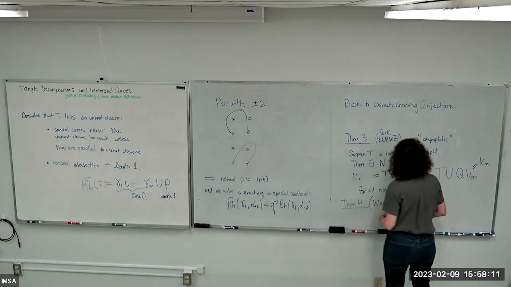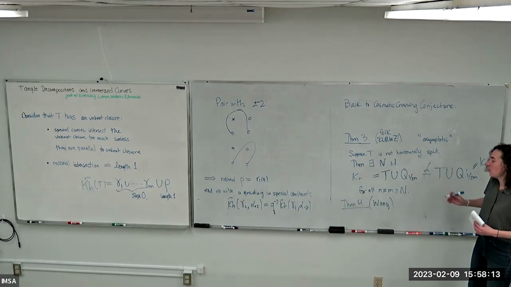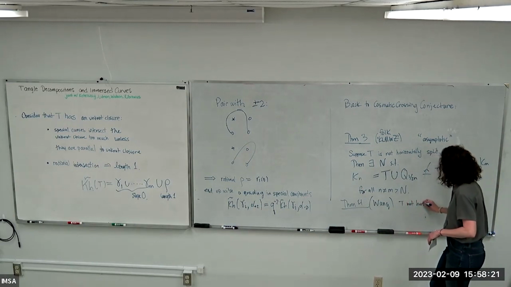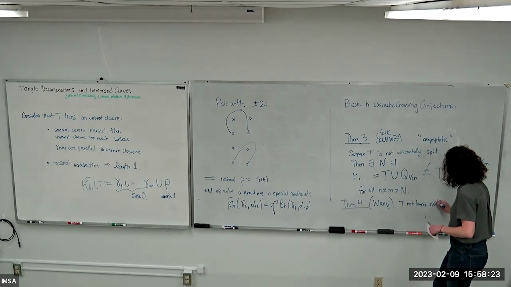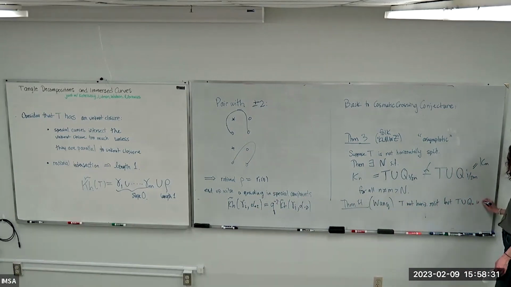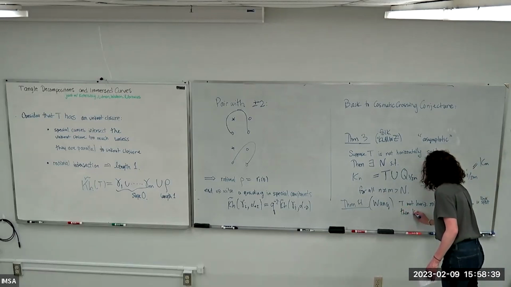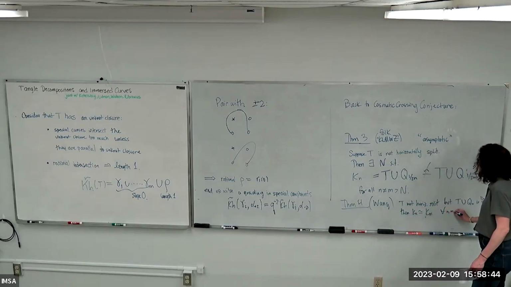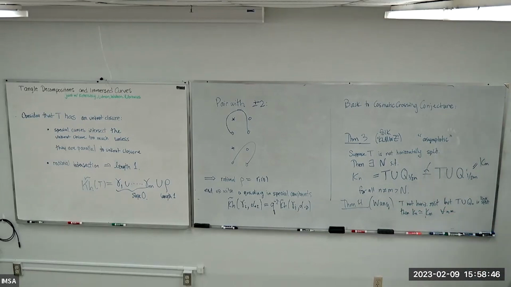And then we can just give a reproof of Wang's result, which is that if T is not horizontally split, but if you put in the zero closure, it is split, not tangle split, but a link split. So this is a link, and it's a split link, then K_n is not isotopic to K_m. All right.